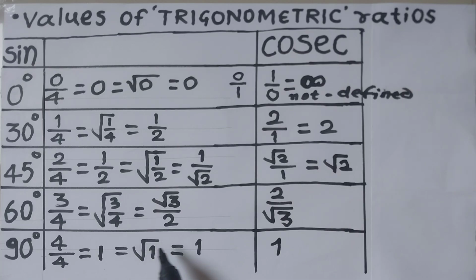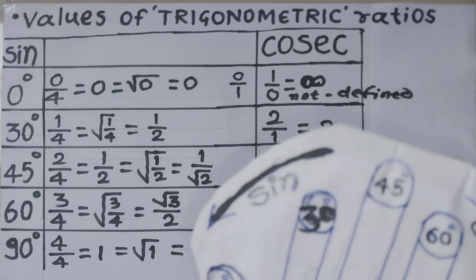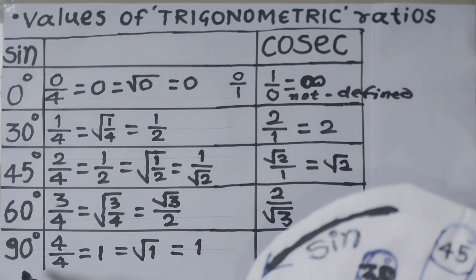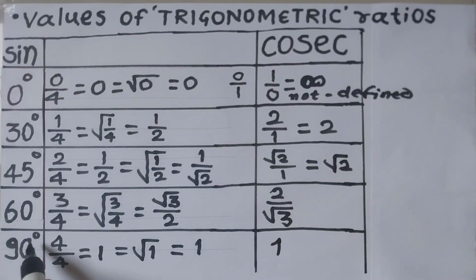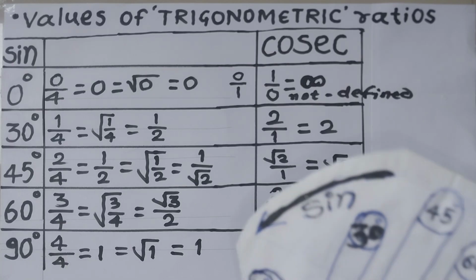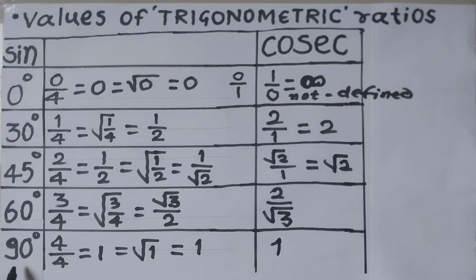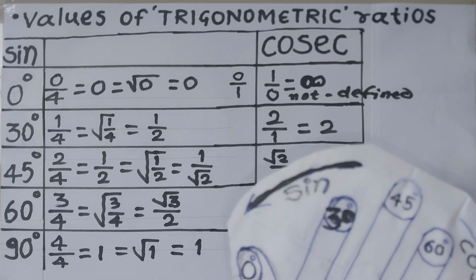Then square root of 1 is 1. We go this way from bottom to top, but here instead of 90 we say 0 degree. Then the value of cos 0 degree is 1.